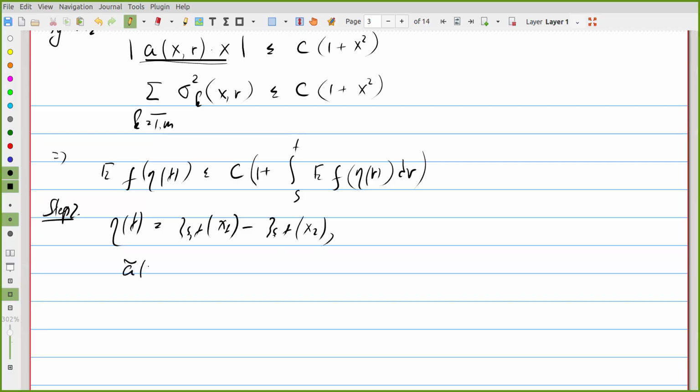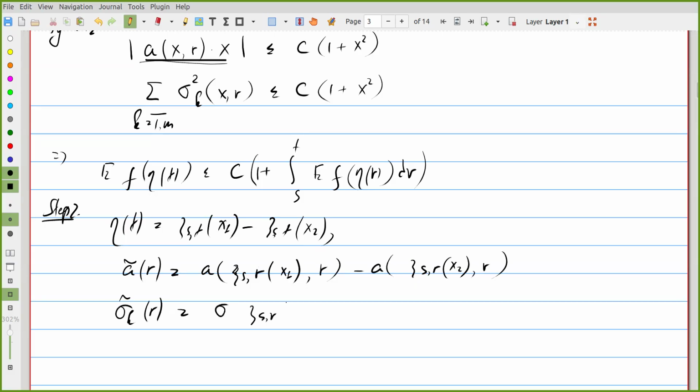So this is going to be psi s r x1 r minus psi s r x2 r, and sigma k r is going to be sigma k of r, x1 r minus sigma k of r, psi s r x2 r.